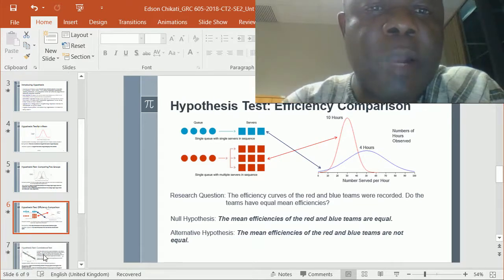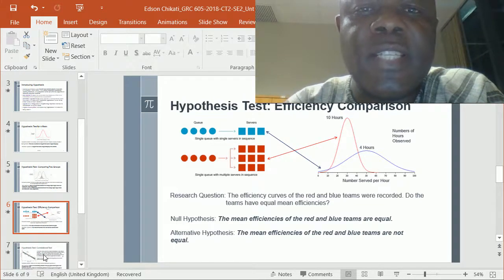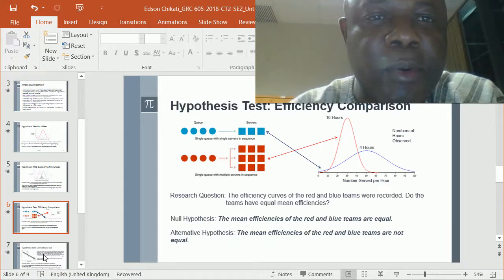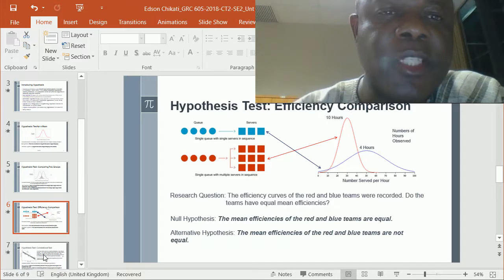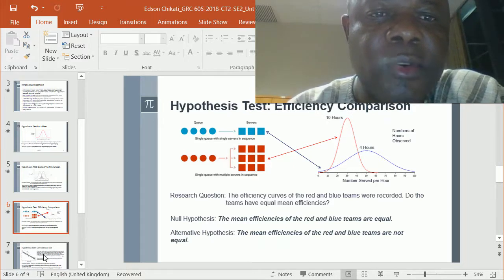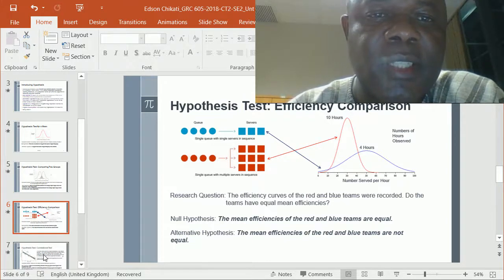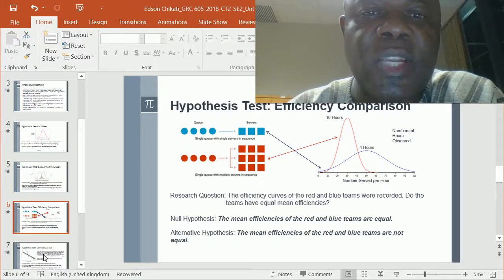Moving on to hypothesis test on efficiency comparison. We have here the blue color, which depicts a single queue with a single server in sequence, and the red color depicting a single queue with multi-servers in sequence. The research question is, the efficiency curves of the red and blue teams were recorded.